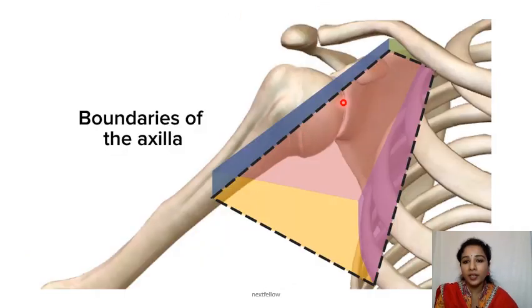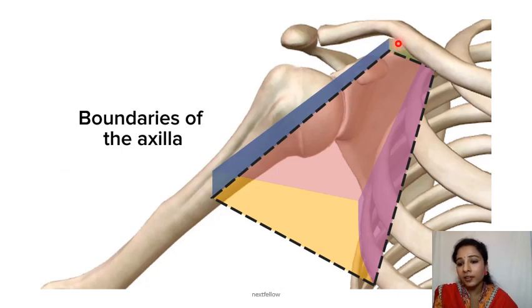So boundaries of axilla, it has the anterior boundary, posterior boundary. The base, the yellow one, is the base, the medial wall of axilla, and the blue one is the lateral wall of axilla. And above is the apex of the axilla, which is like a truncated cone, and apex itself is triangular in cross section.